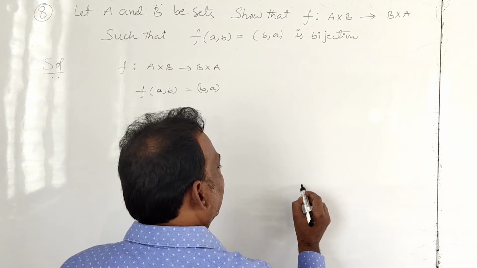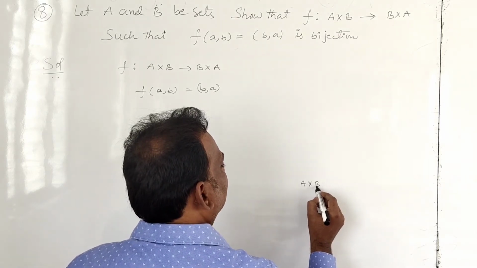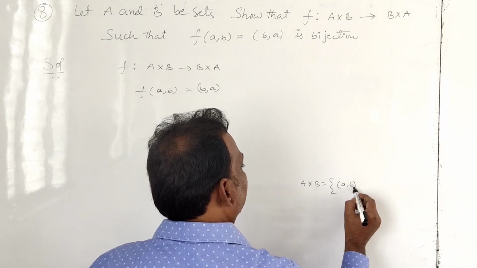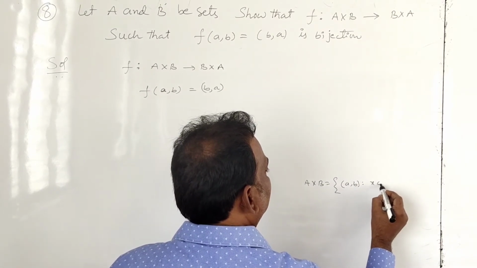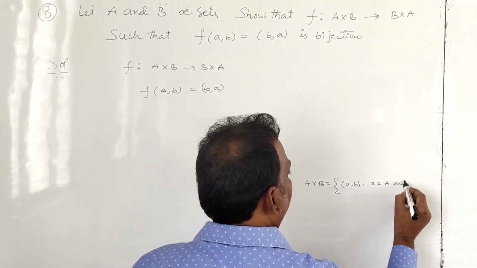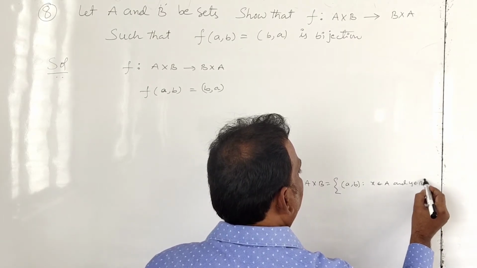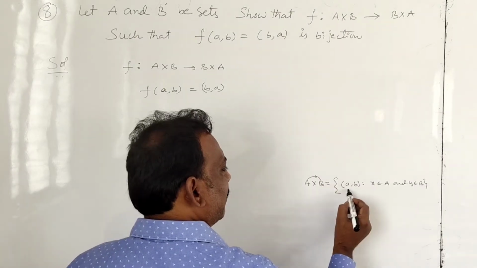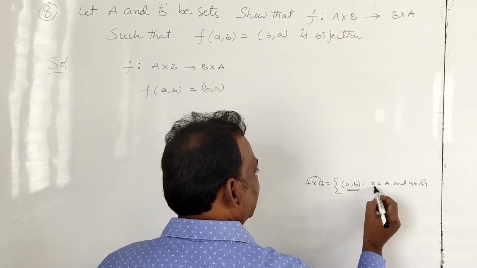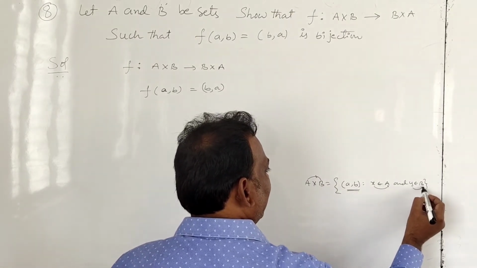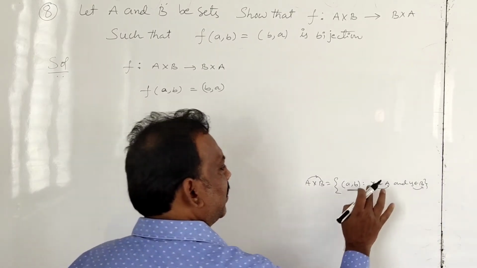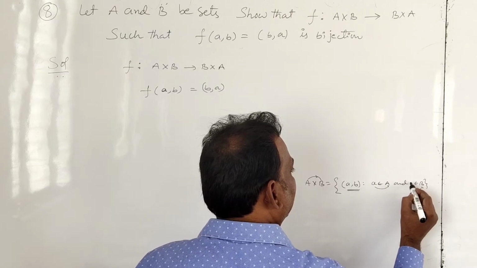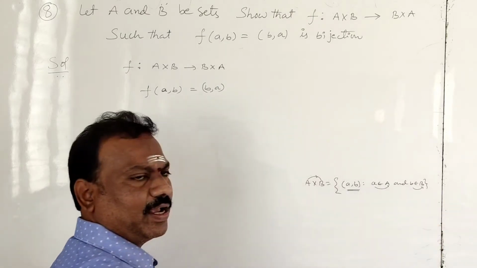You know very well. A cross B means we will write any ordered pair (a, b) such that a belongs to A and b belongs to B. So possible ordered pairs from A to B must be in this format. The a value you have to pick from set A, and the b value you have to pick from set B.